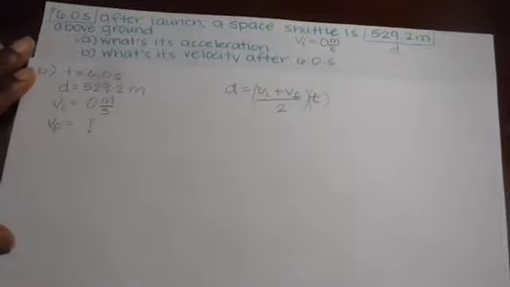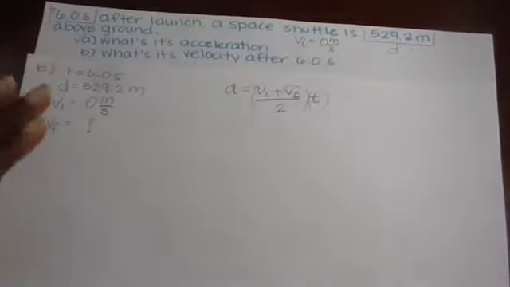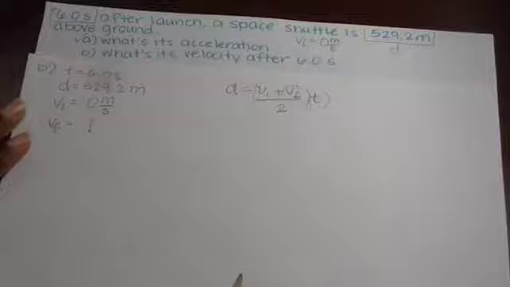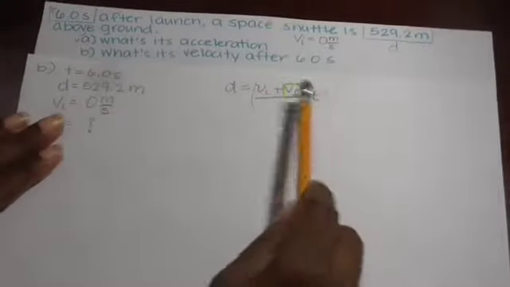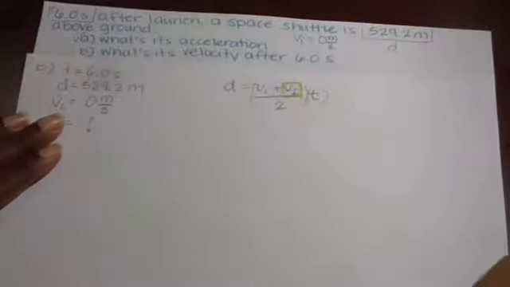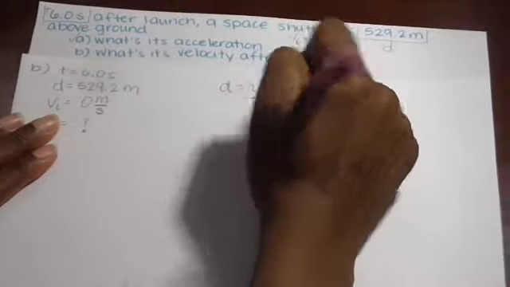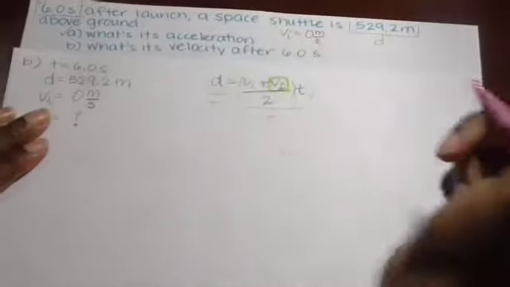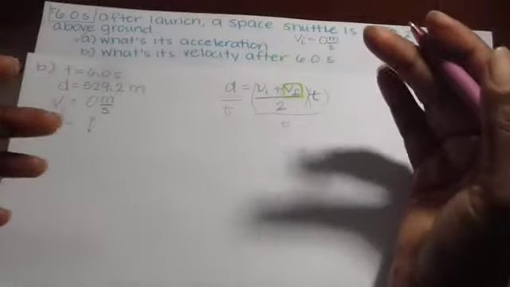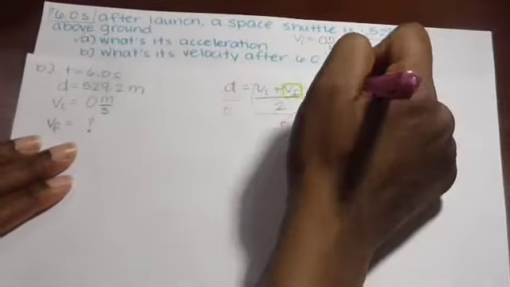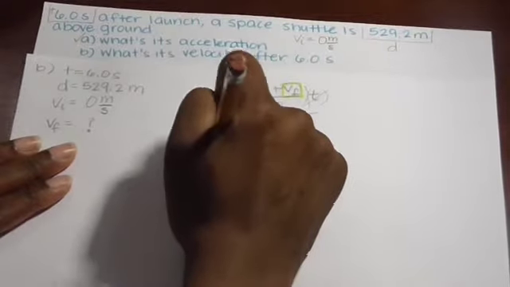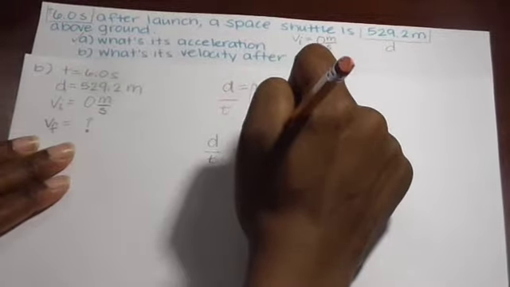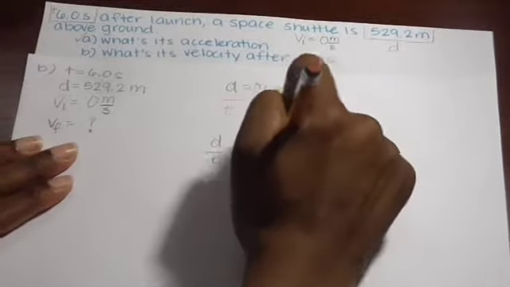All right, so our goal here is that we need to solve for V final. So let's rearrange this equation first, okay? First thing I can see we can get rid of is that T. Here, T is being multiplied, so we're going to divide both sides by T. Now, for those of you who that makes uncomfortable, you can always multiply by the reciprocal. This will cancel, and we wind up with D over T is equal to VI plus VF all over 2.